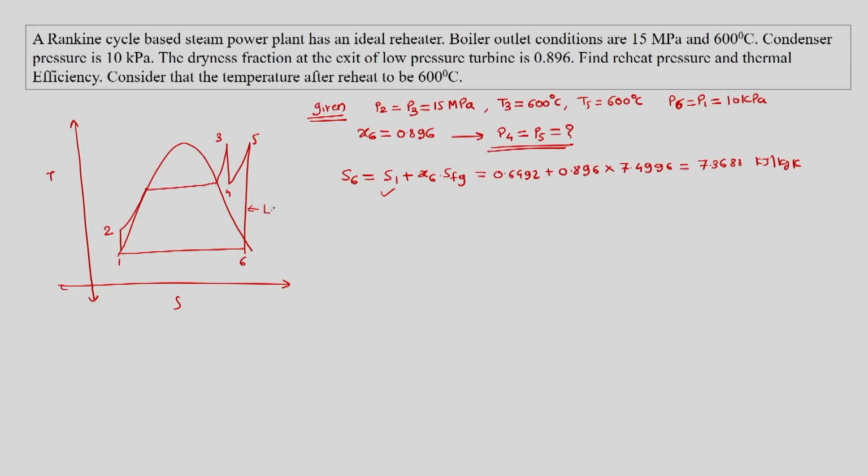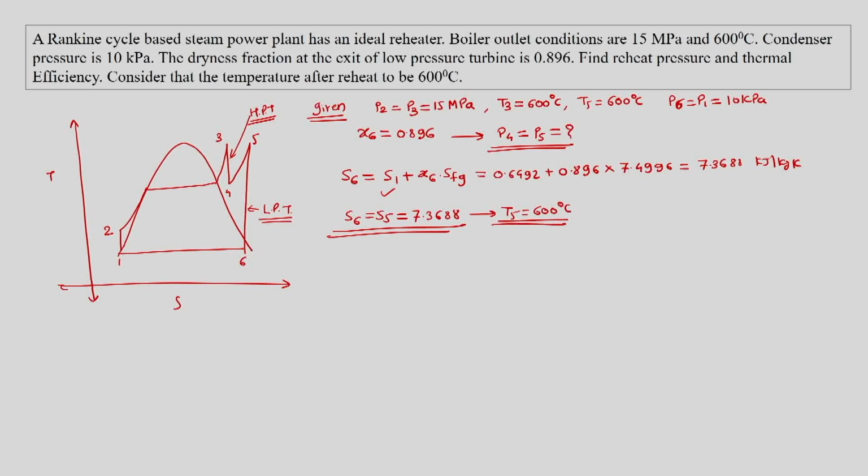We know this is low pressure turbine and this is high pressure turbine. Having said this, we can say that S6 is equal to S5, which is 7.3688. Now we also know T5 is equal to 600 degree Celsius.